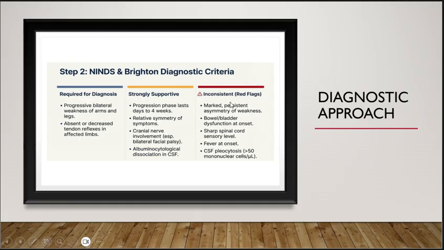And when to doubt the diagnosis: based on asymmetry, early bowel and bladder involvement, sharp or band-like sensation with a definite sensory level, or CSF showing pleocytosis with more than 50 cells.